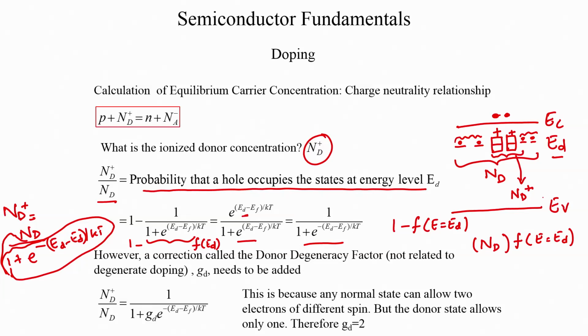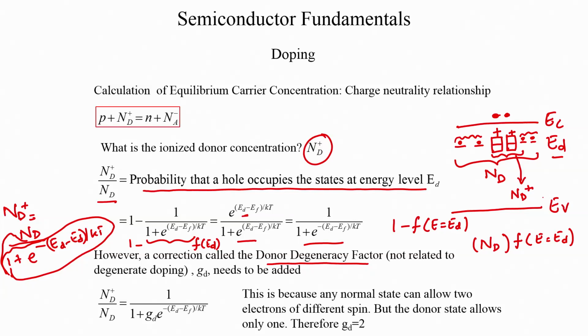Although this is the number of ionized donors, we need to be a little careful. We have to make a small correction, and that correction is called the donor degeneracy factor. This degeneracy factor has little relation to whether it is a degenerate semiconductor or not. It need not be a degenerate semiconductor.